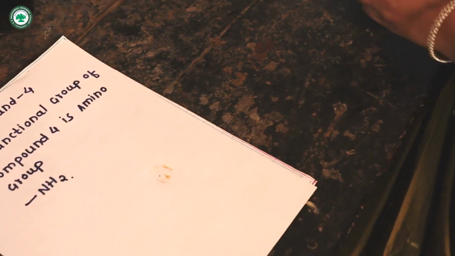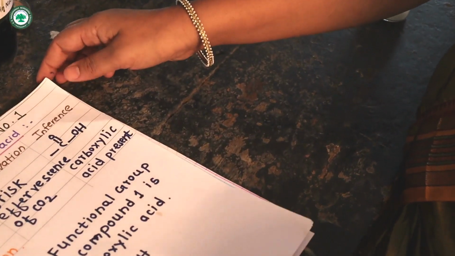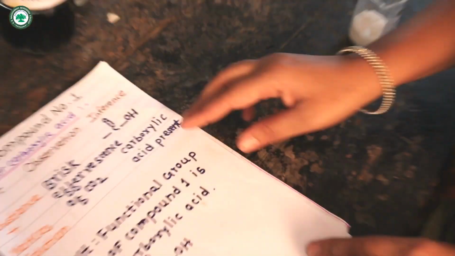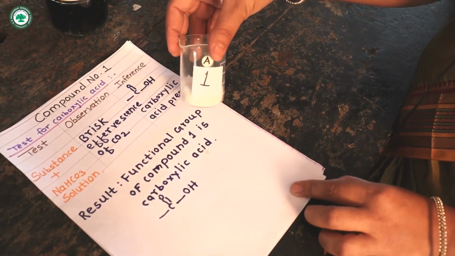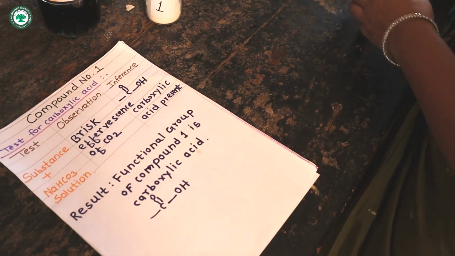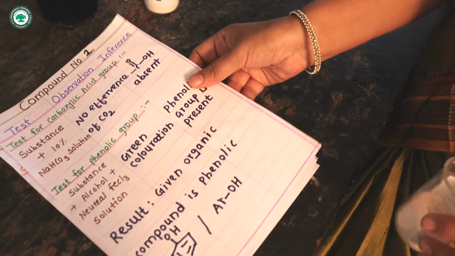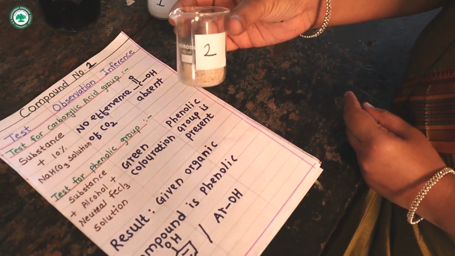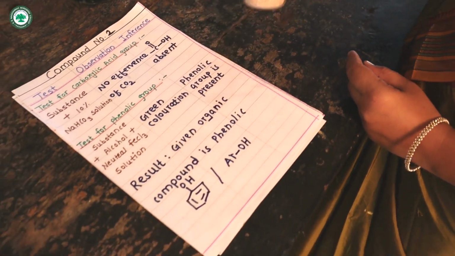In this way, functional group of compound first is carboxylic acid. Functional group of compound second is phenolic OH group.